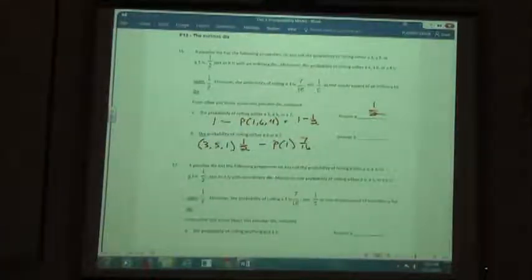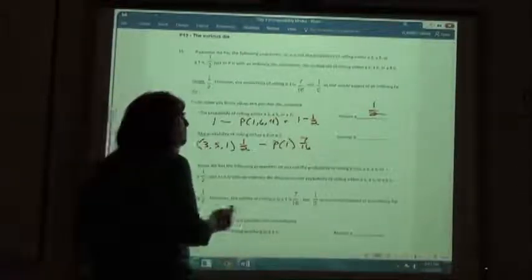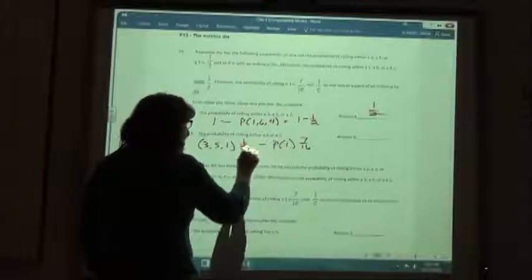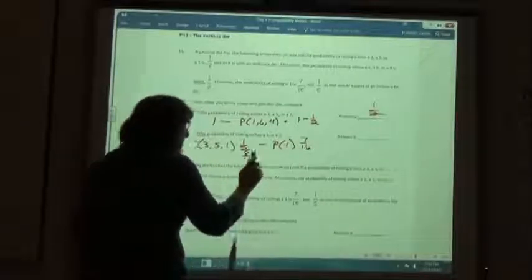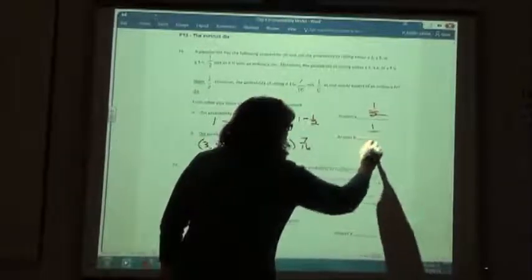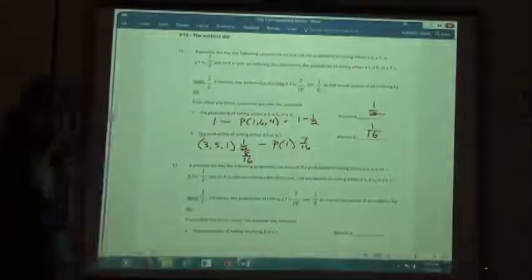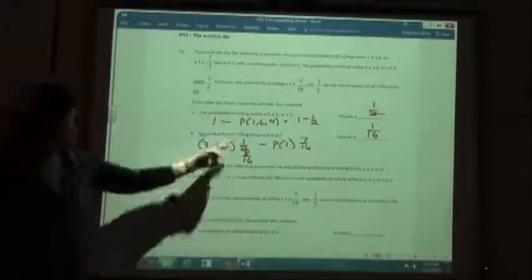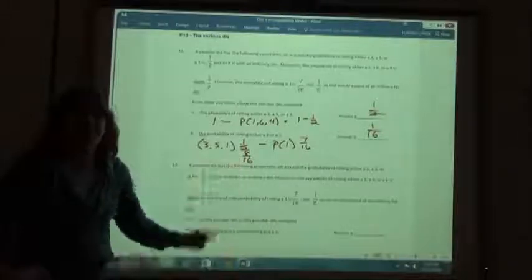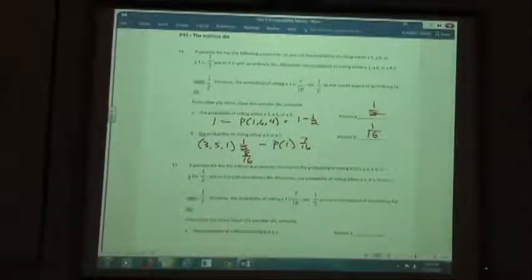And so if you take 1/2 minus 7/16, hopefully you get 1/16, right? 1/2 is the same thing as 8/16, and 8/16 minus 7/16 would be 1/16.